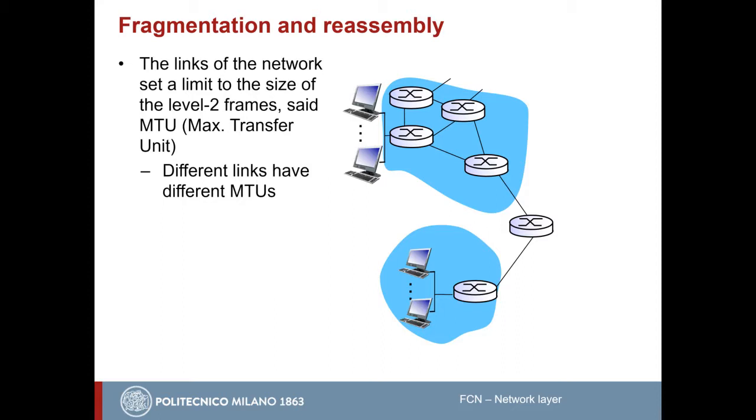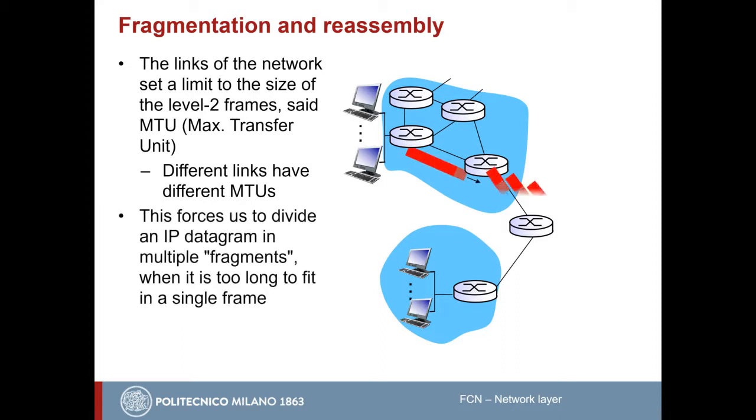The packet is always transferred from a router to the next using a layer 2 network that is supporting the forwarding of the packet encapsulated into a frame.